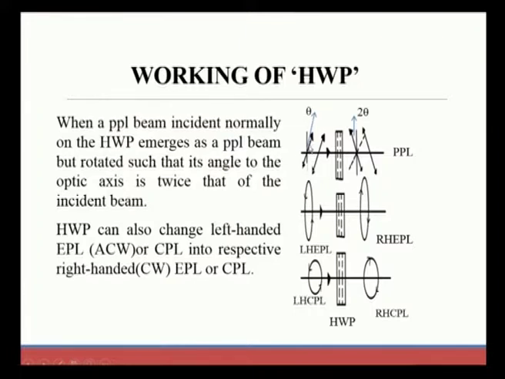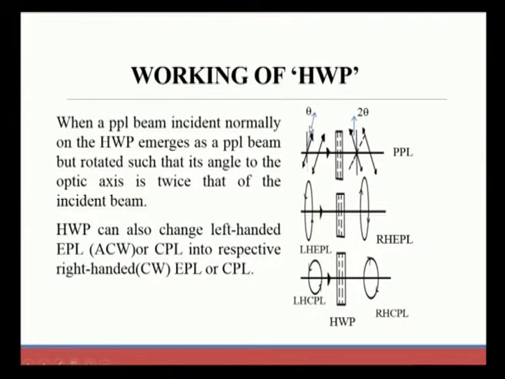Theta is the angle we observe here for the plane of vibration of the incident PPL, and this is the plane of vibration for the output PPL. Both are PPL, but the vibration is different and the angle in the output is twice that of the input. So, 2 theta is the angle we observe here, where in the input it is only theta.